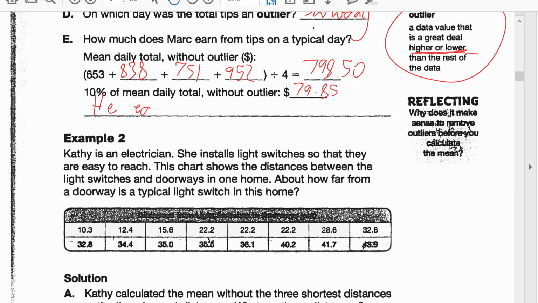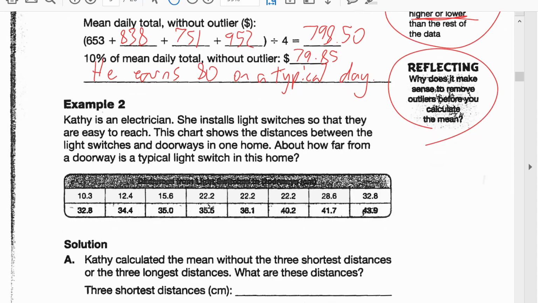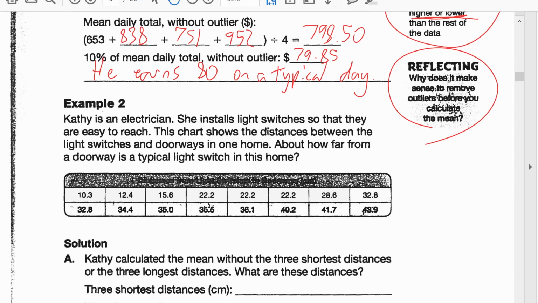So he earns 80 on, oh man, dyslexia here, on a typical day. Okay. Why does it make sense to remove outliers before you calculate the mean? Because they affect the mean quite a bit.